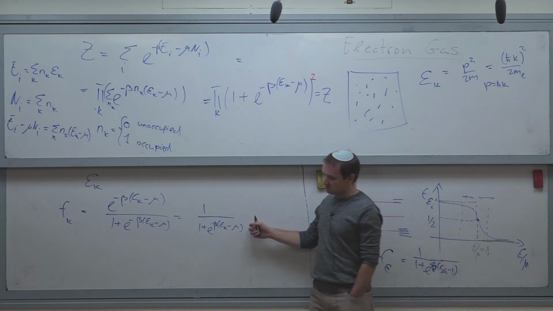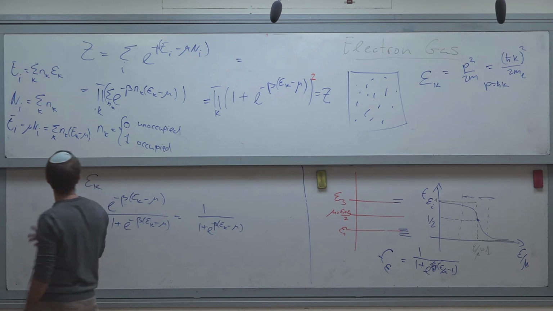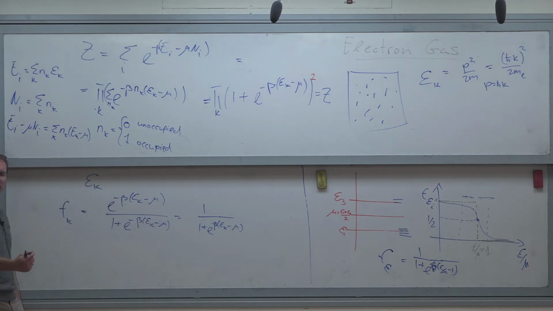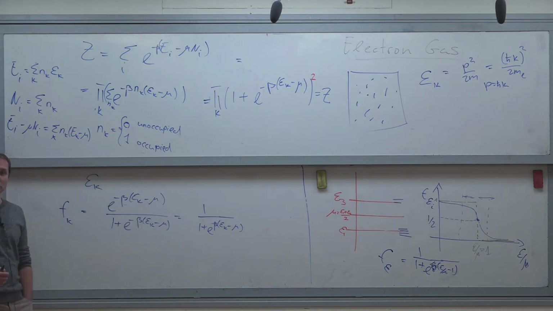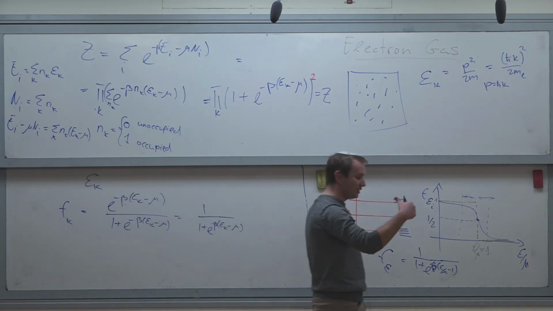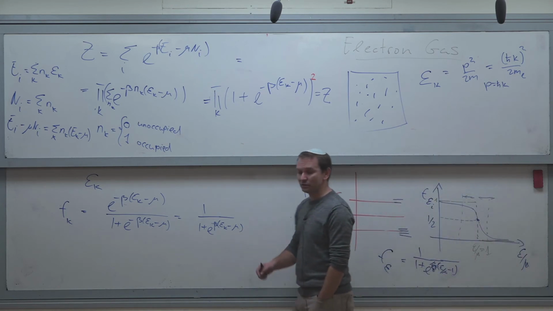Okay? And it doesn't matter if we have many energies or one energy, because we have factorization. So the probability for a given state or for a given energy to be occupied for fermionic systems is always provided to us by this formula. We need to know the temperature, we need to know the energy, and we need to know the chemical potential.